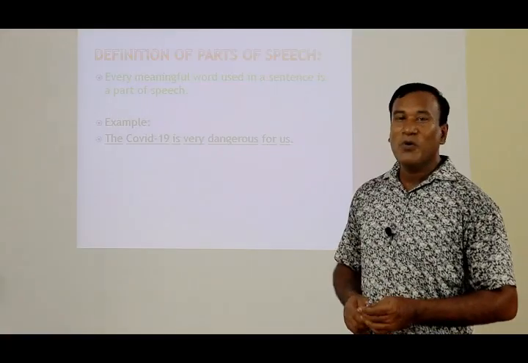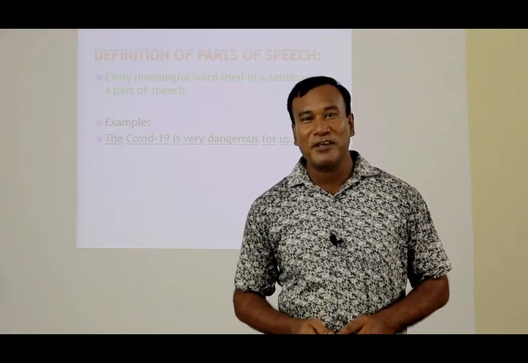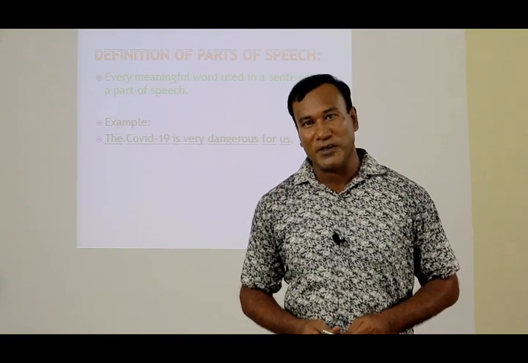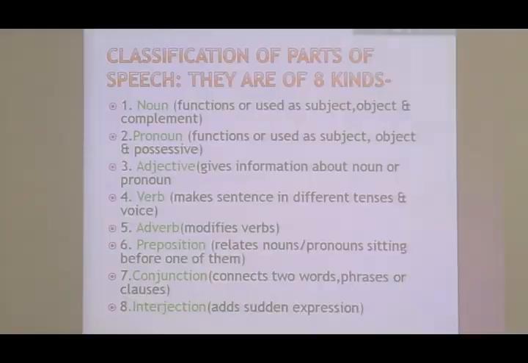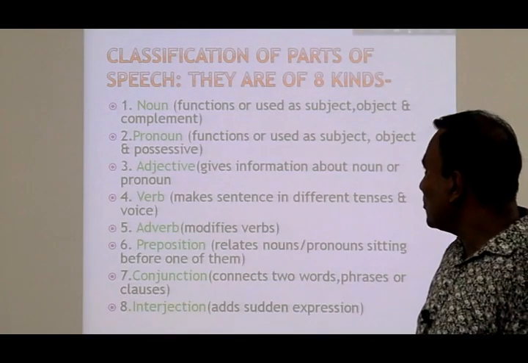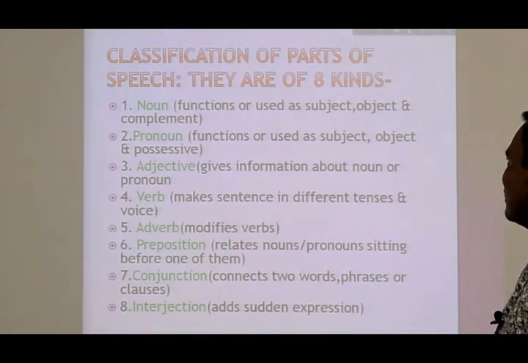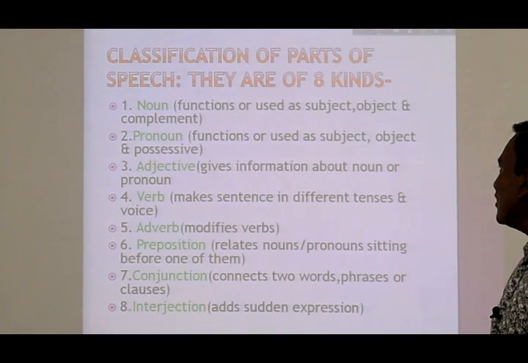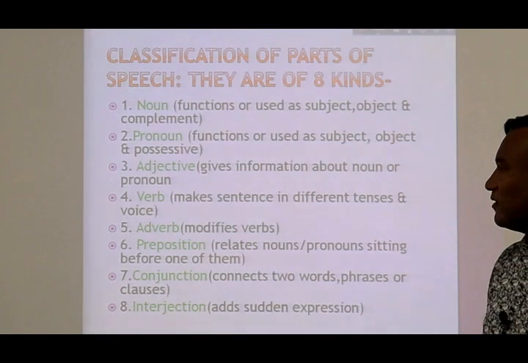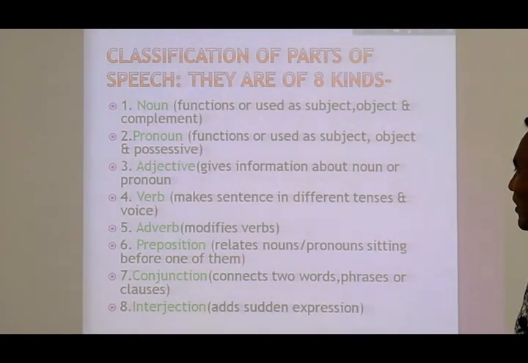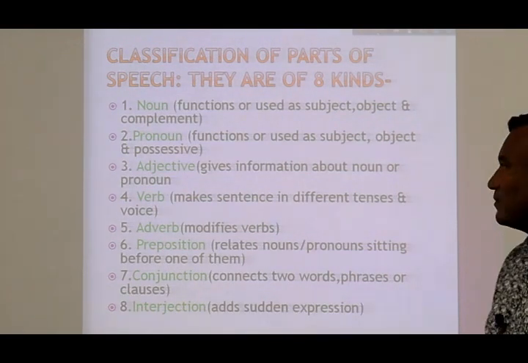Okay, now we will learn about the classification of parts of speech. Let's have a look at the slide. Dear students, you see the classification of parts of speech. They are of 8 kinds: noun, pronoun, adjective, verb, adverb, preposition, conjunction, and interjection.